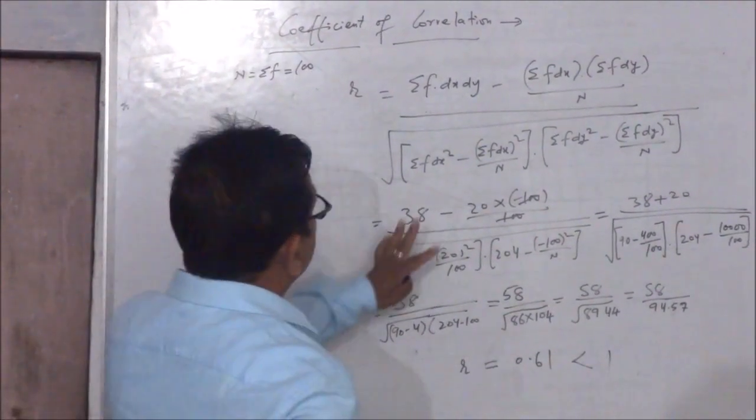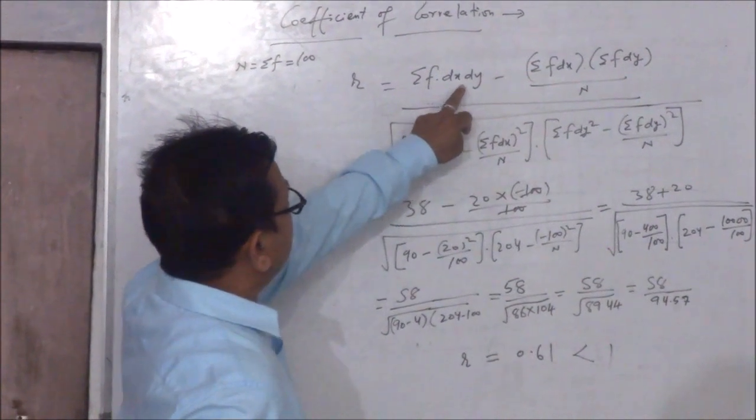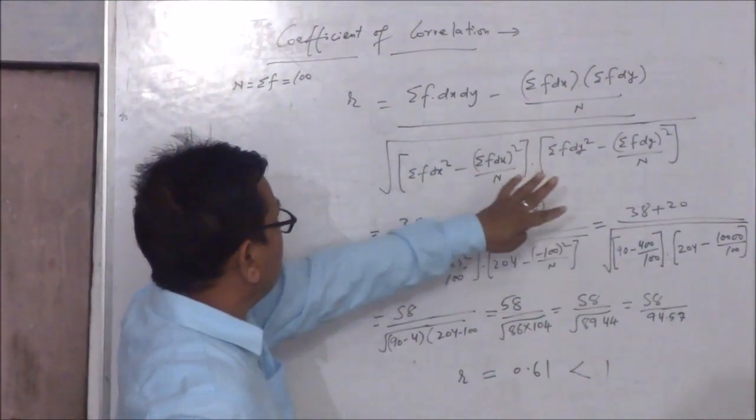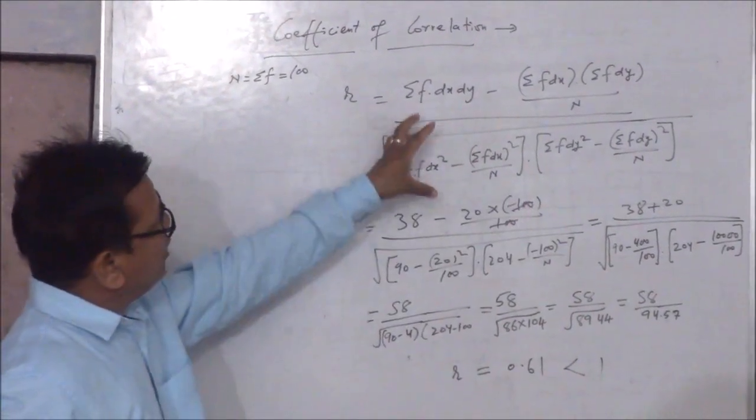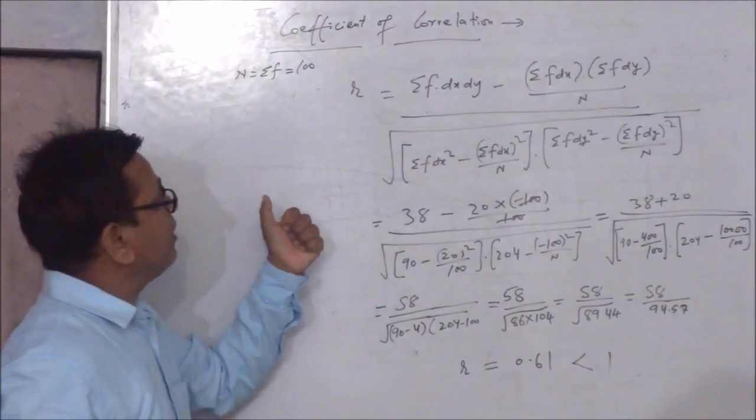We have already calculated all these values of f dx dy, f dx, f dy, f dx square and f dy square. Now we put all these values from the two-way frequency table.